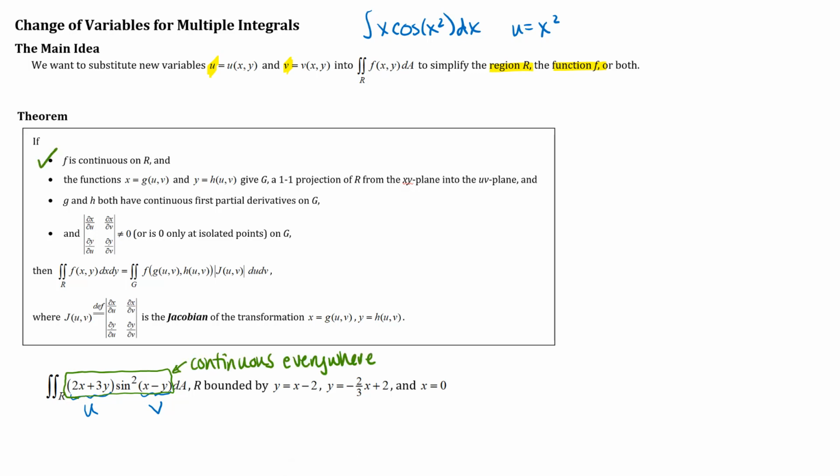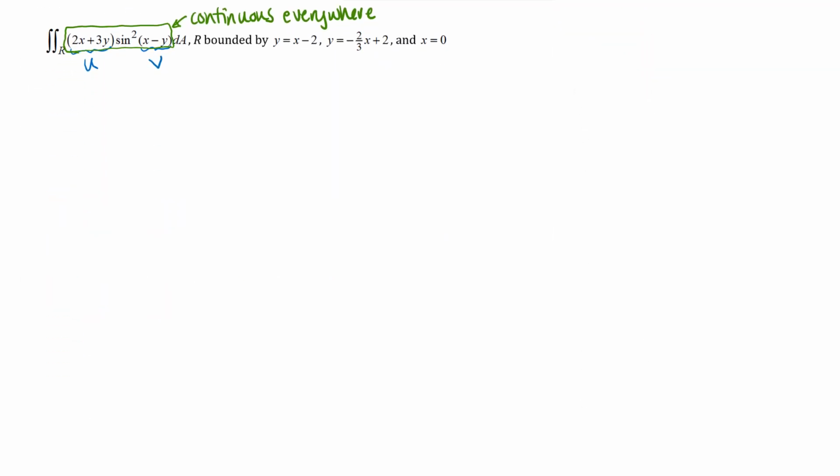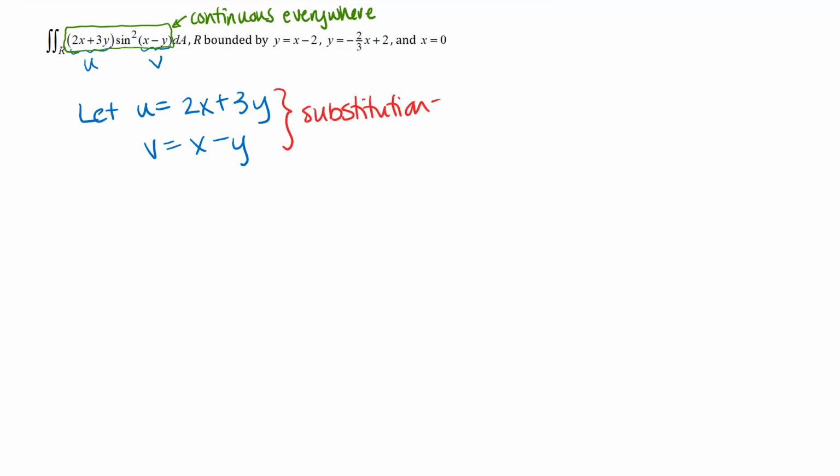For these next three conditions, in order to check those, we're going to need to find the inverse substitutions. So let's scroll up here and go ahead and do that for this example. So we decided that we wanted to start by letting u equal 2x plus 3y and v equal x minus y. So those are the substitutions we're going to make.